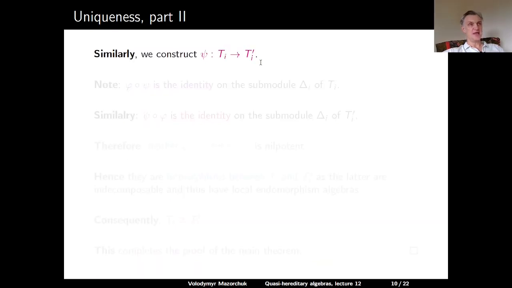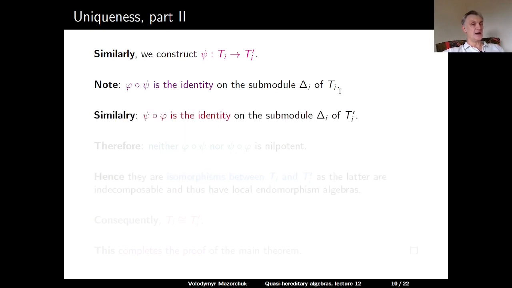Similarly, if we do the same arguments with Ti and Ti prime swapped, we get a map psi from Ti to Ti prime, which extends the natural inclusion of delta I into Ti prime. Now note that phi after psi is the identity on delta I being a submodule of Ti, and similarly psi after phi is the identity on the submodule delta I of Ti prime.